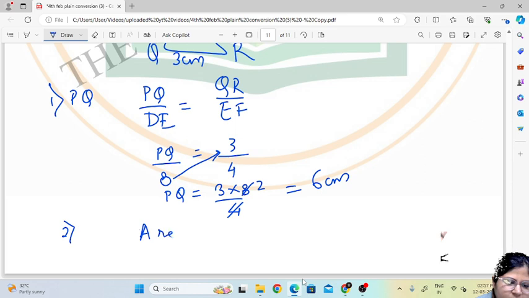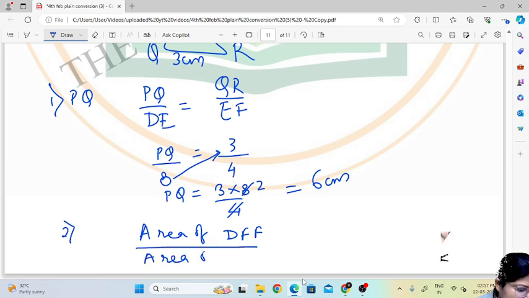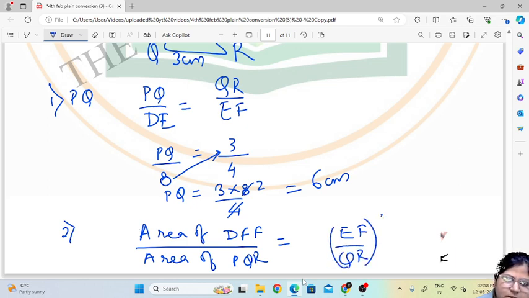Area of DEF upon area of PQR equals, DEF was on top, so EF upon QR whole square. So DEF we have to find out. You have to make it triangle.